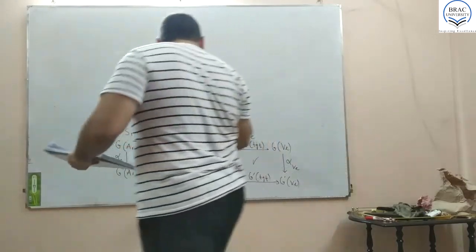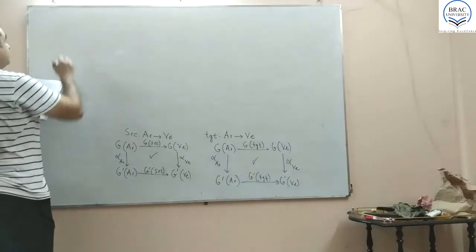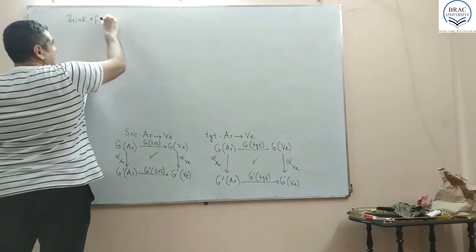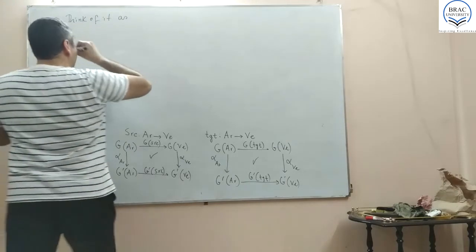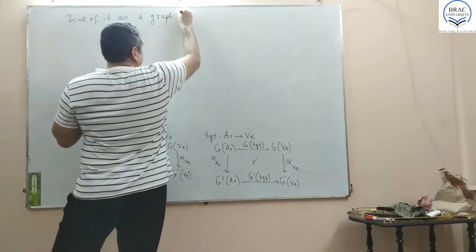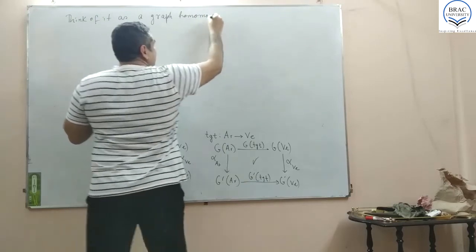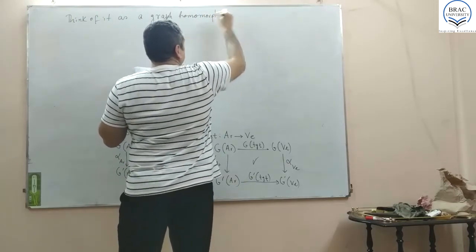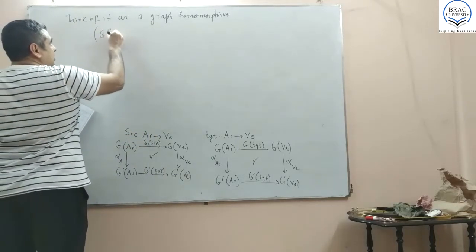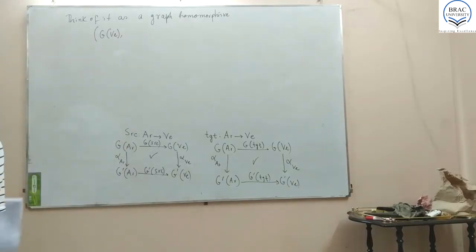Okay, so think of these two commutative diagrams as a graph homomorphism. G of VE is a set of vertices.